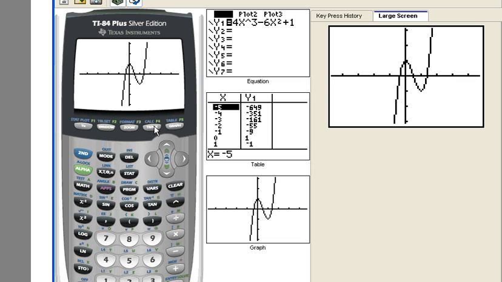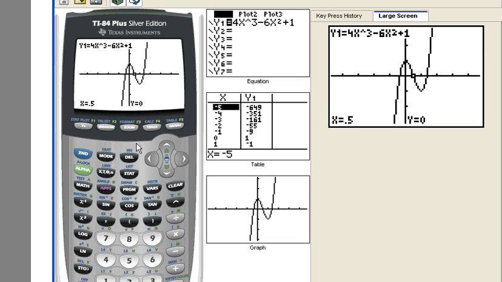I went to Zoom 4. There's my picture. I'm going to hit the trace button and see if possible as I trace in Zoom 4 it'll show me anybody that was a decimal. Now, pass that guy up, so that one's not one I can get from a calculator. How about over here? Aha! There is one at a half.